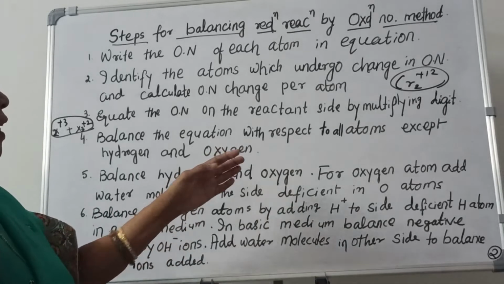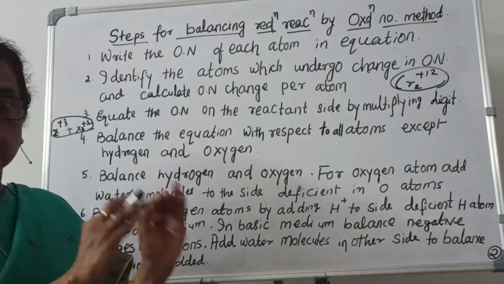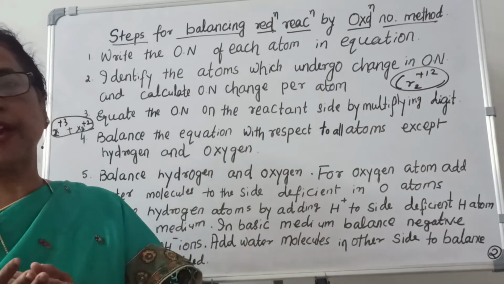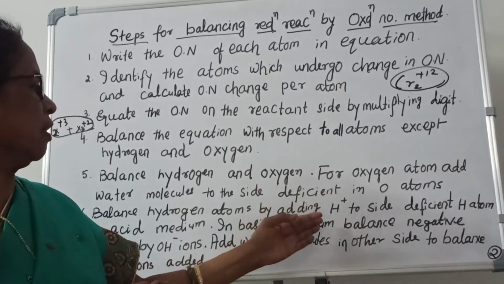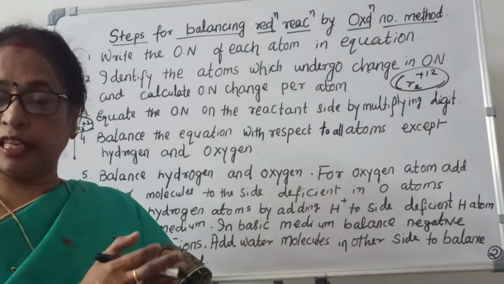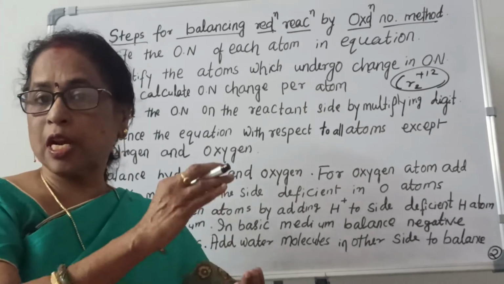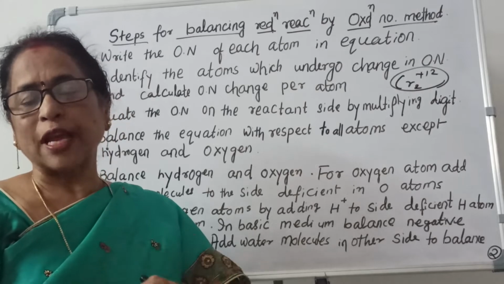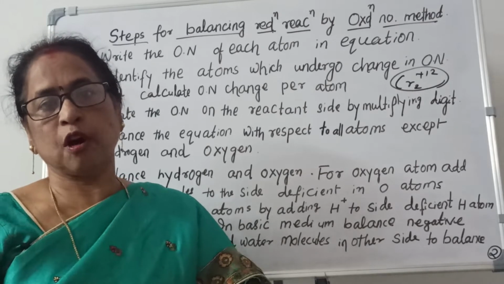If only the oxygen atom needs to be balanced, then on the other side you see whether oxygen is deficient. If oxygen is deficient, then add water molecules to balance the oxygen on the other side.